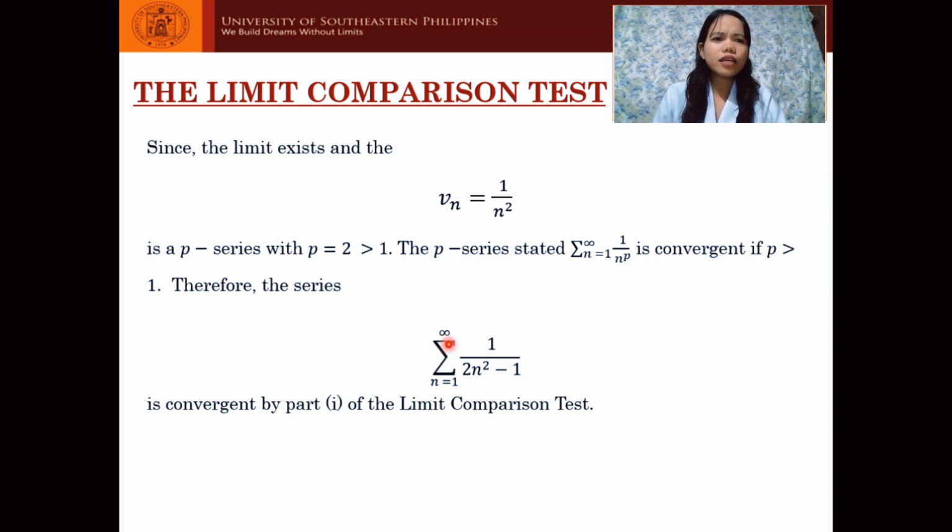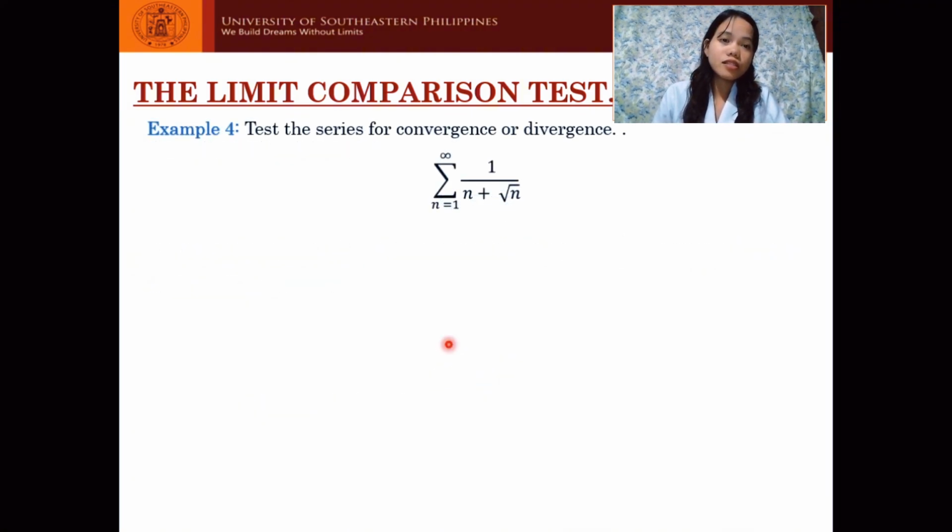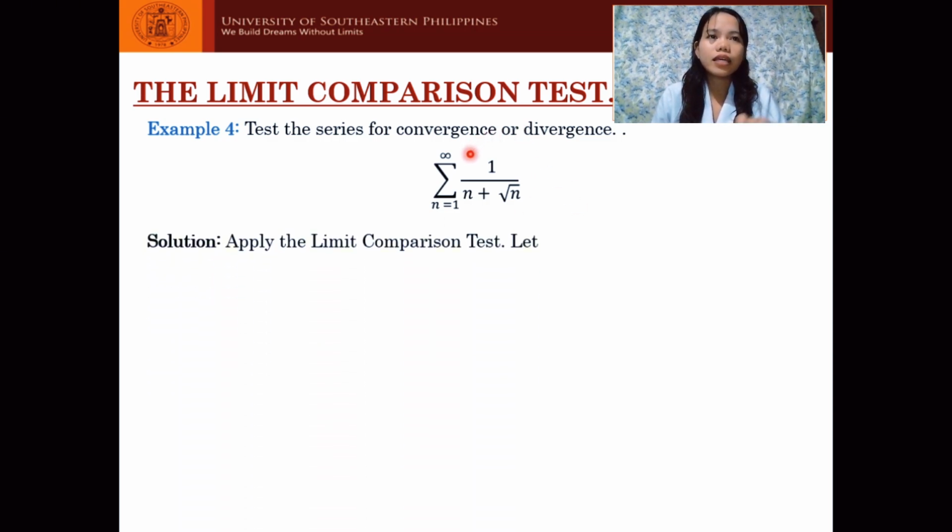So let us take a look at our next example. Example number 4: we have also again to test the series for convergence or divergence using the limit comparison test. For the solution, we have to indicate what is the test that we are going to apply. The test that we're going to apply for this one is the limit comparison test as indicated.